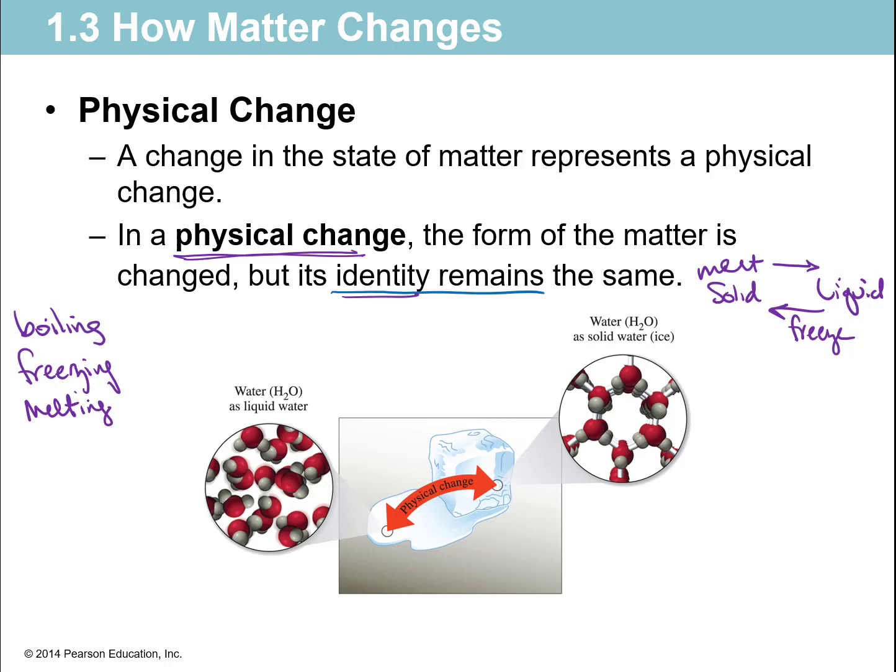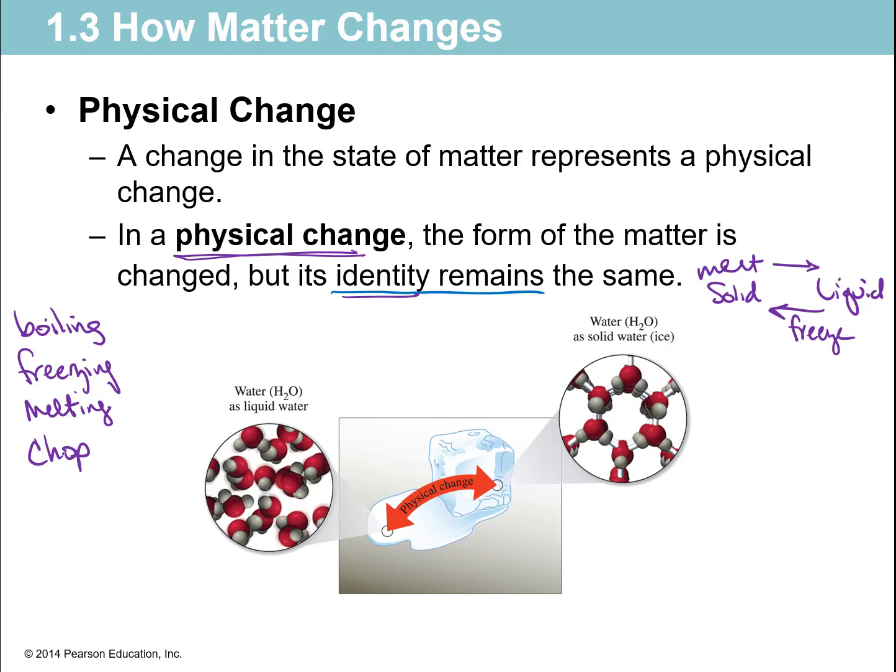But I could also chop. So like when you make salad, right? You really just cut up all the vegetables so that they're easier to eat. But if you take a carrot and you chop it, it's still a carrot, right? So that's a physical change. I just chopped it into smaller pieces. You take lettuce and you break it all up. It's still a physical change. It's still all the same stuff. I have not chemically changed it.